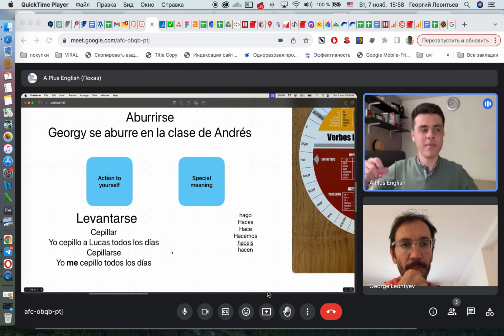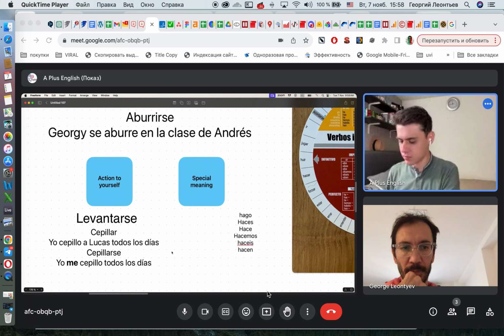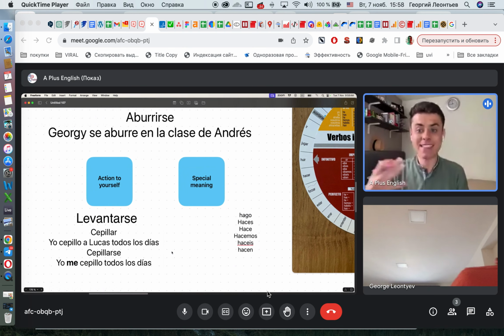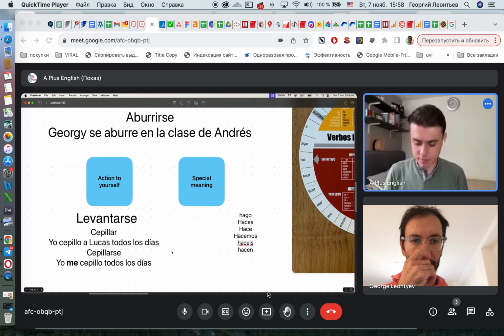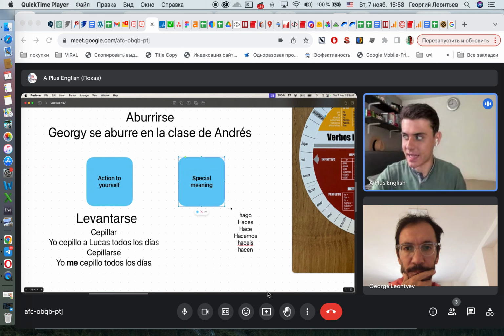A very common reflexive verb. Okay, to get fixed up, to get ready in the morning, right? So that is this type of verb here, the special meaning verb.